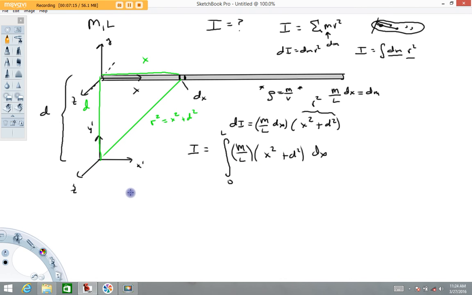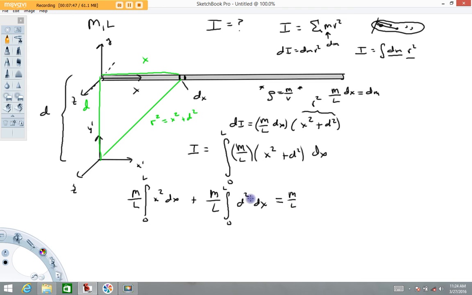So our first integral is going to be m over L, integral 0 to L, x squared dx, plus the next integral, which is going to be m over L, integral 0 to L of d squared dx. And this d is a constant. It can come out in front. I could have just written it out in front there the first time, but I'll go ahead and finish this up here.